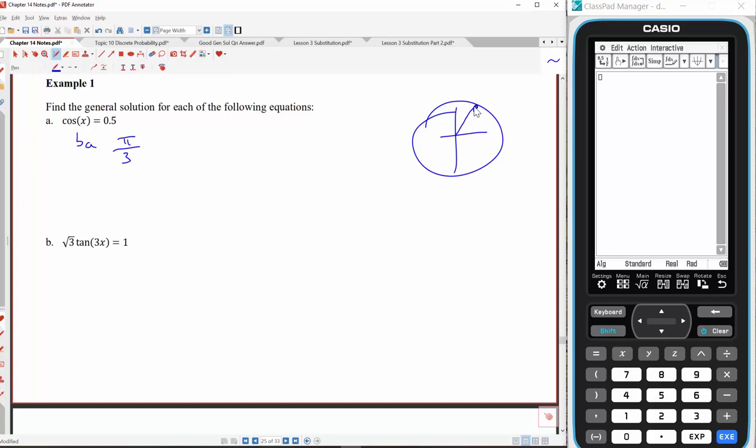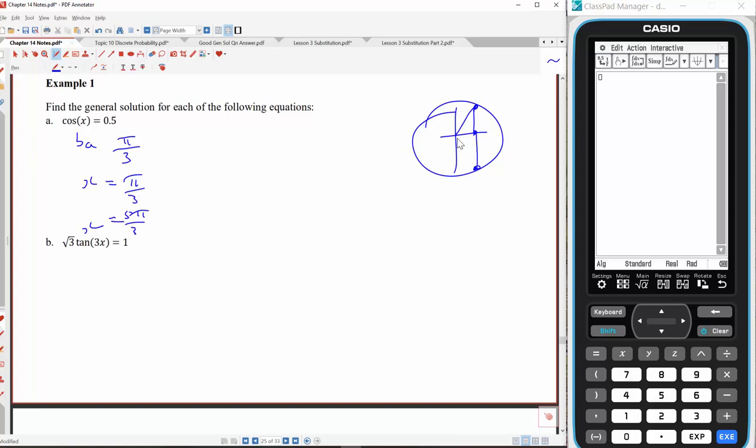So pi on 3 is going to give us the cosine value of half. So we're going to say x is equal to pi on 3, that's going to give us an answer. It's also going to give us an answer down here at x is equal to 5 pi on 3.